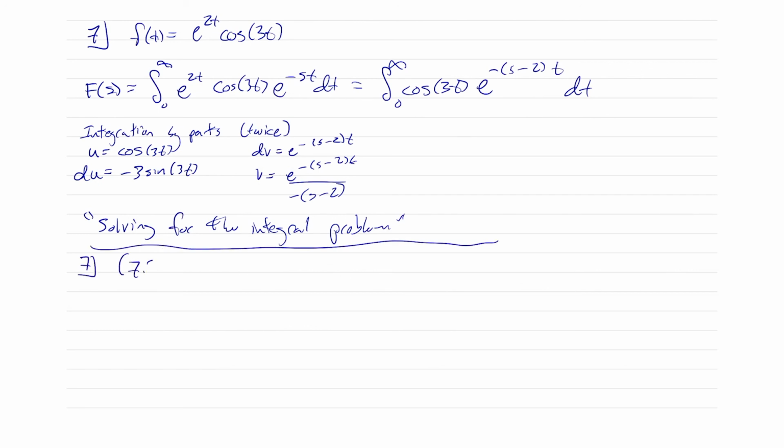from the 7.3 perspective, we can also use some of the properties we've already found. For instance, we know that the Laplace transform of f prime of t, at s, is equal to the Laplace transform of f of t times s, minus f of 0.